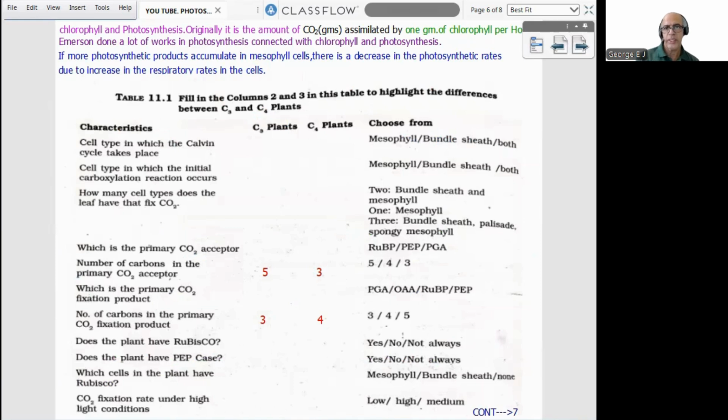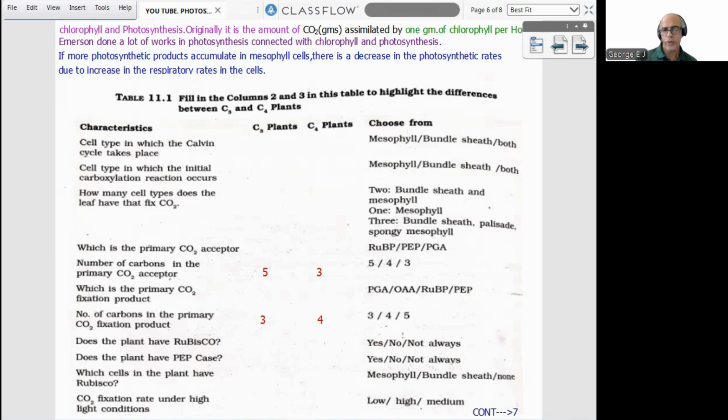That is the classical definition of the photosynthetic number, assimilation number. Emerson, we studied that name, did a lot of experiments connected with chlorophyll and photosynthesis. Emerson enhancement.